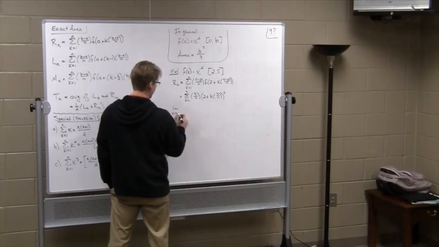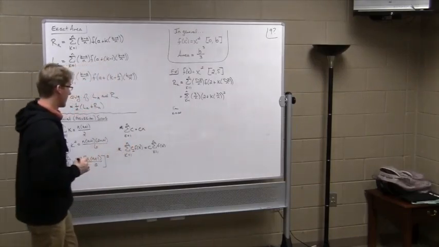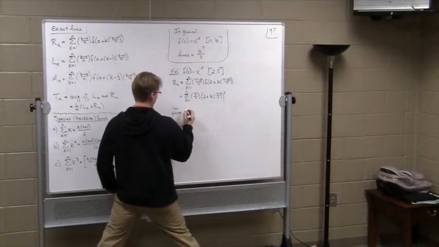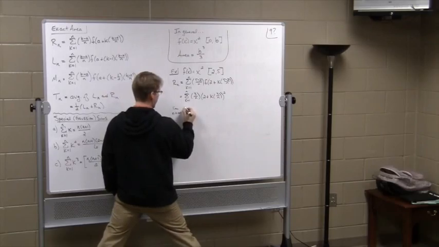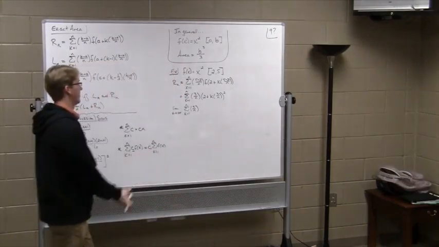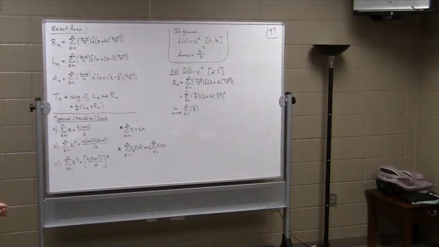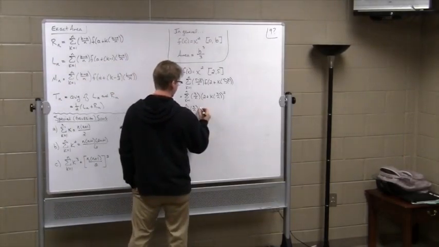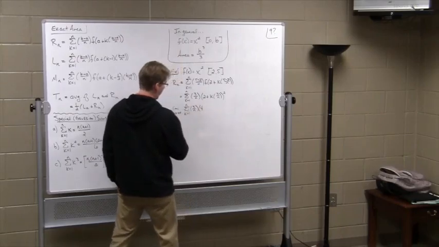Limit as n approaches infinity of the sum, k going from 1 to n, of 3 over n times. We have to square that: 4.